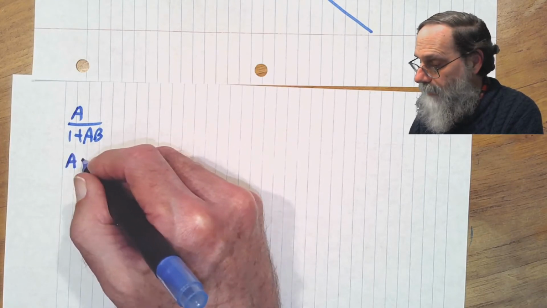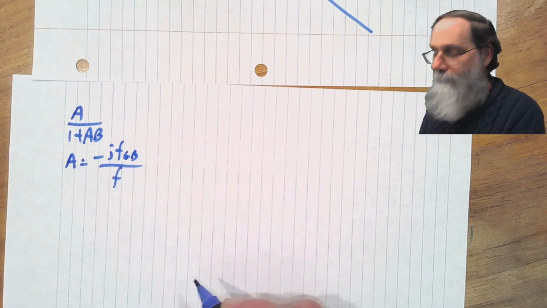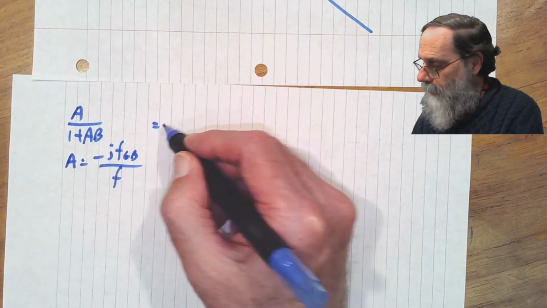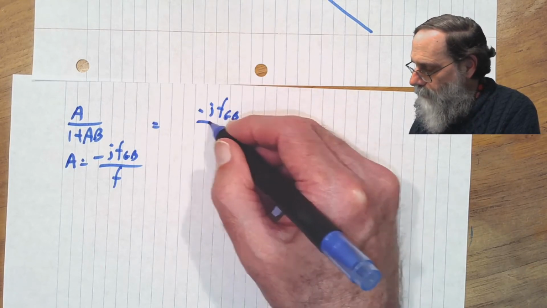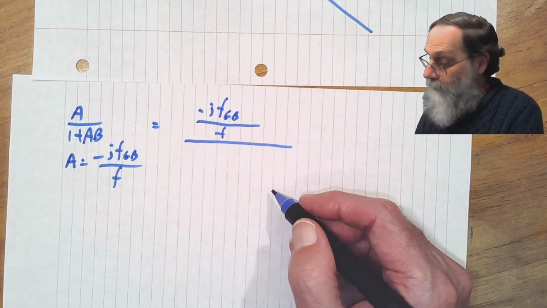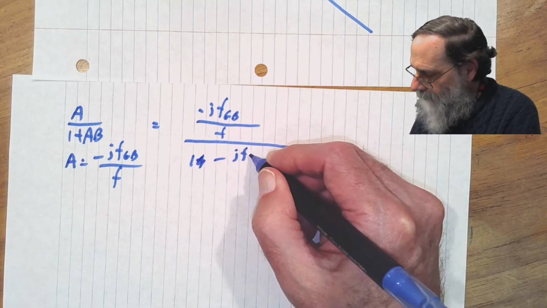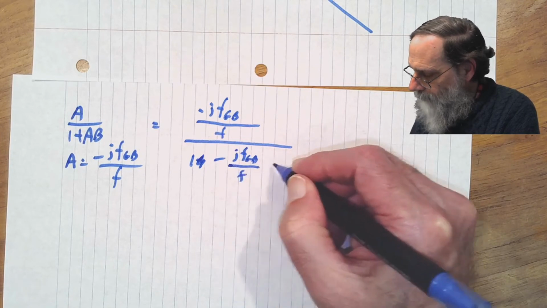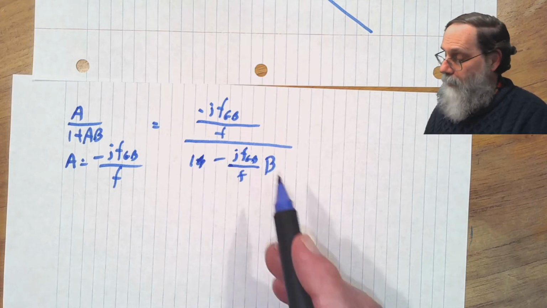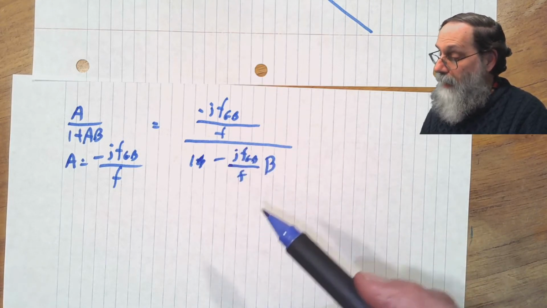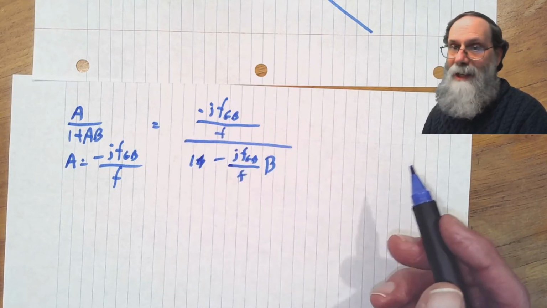And I want to do it when A is equal to minus J times this constant FGB over F. If we plug that in, we get minus J FGB over F over 1 minus J FGB over F times B. Now that looks kind of messy. What I'm going to do is multiply top and bottom by this thing that's on top here, so I'm going to get 1 over something.